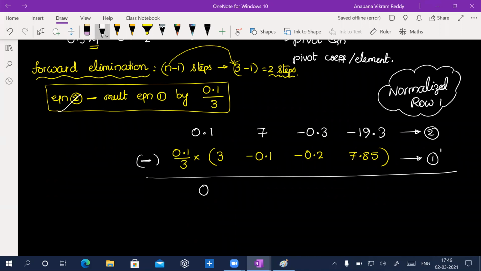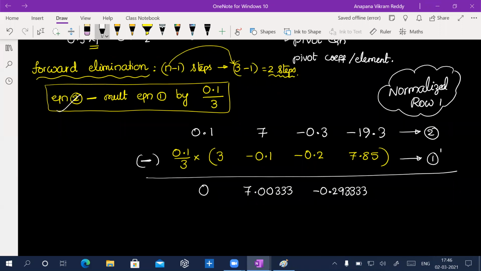7 minus 0.01 by 3. So what you must get? You must get like 7.00 like this. Yes or no? Yes, sir. And similarly, if I subtract this, I must get something like negative 0.29.